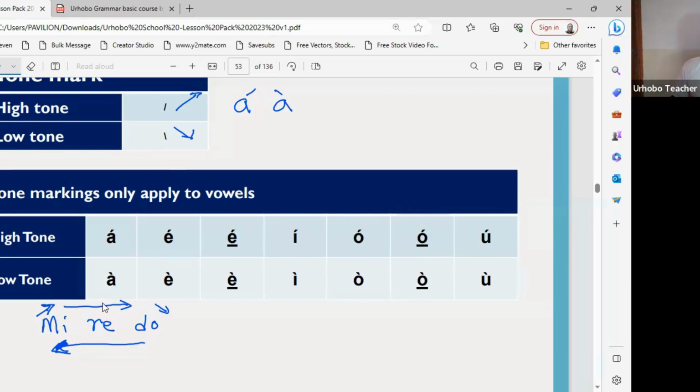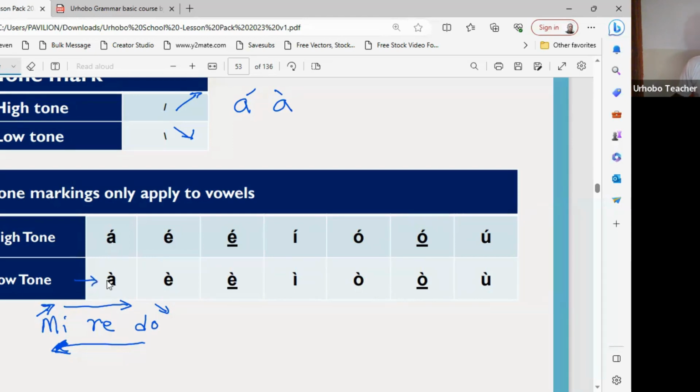The low tone, which is mi, re, do. A, E, I, O, U, A, E, I, O, U. So this is falling.